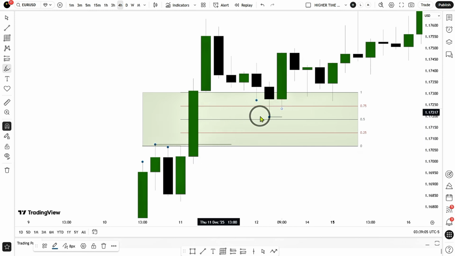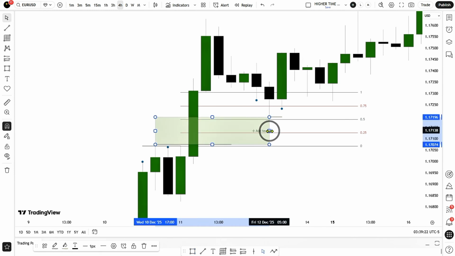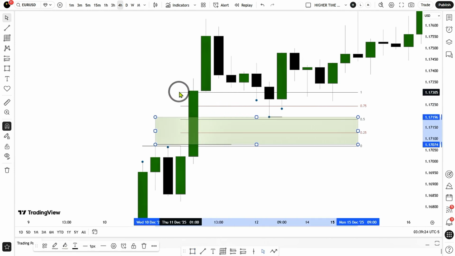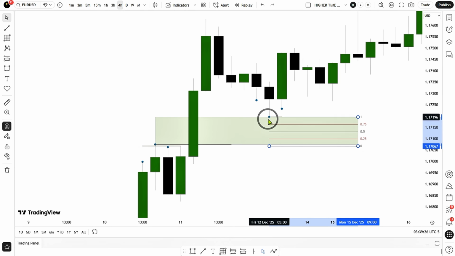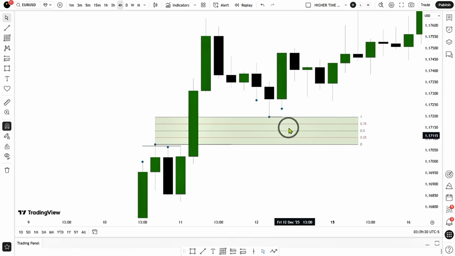These are the swing high and swing low which are going to give me a new fair value gap. I will anchor my box from this swing high to that swing low to have a new fair value gap. So now my new fair value gap will be from that low to this high. And here is my new fair value gap.